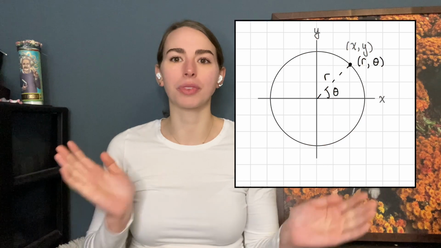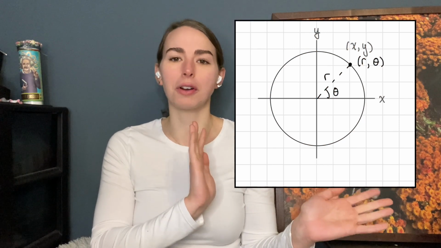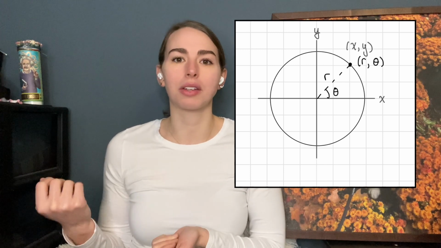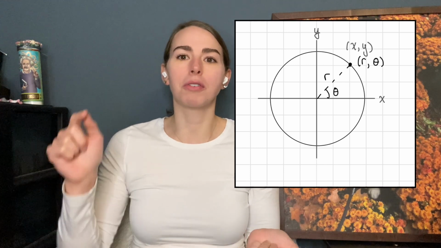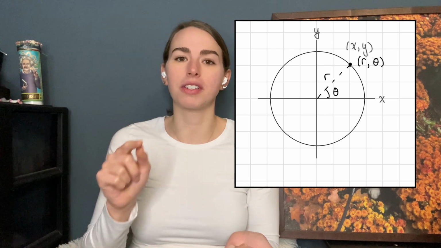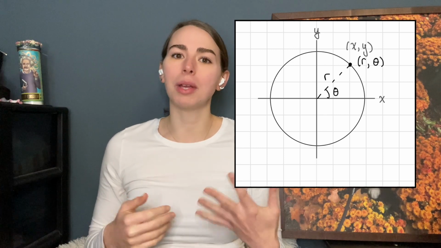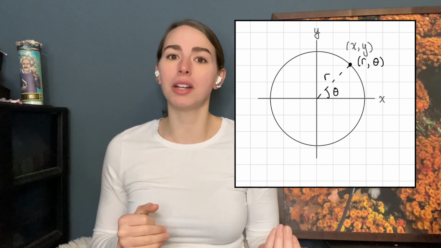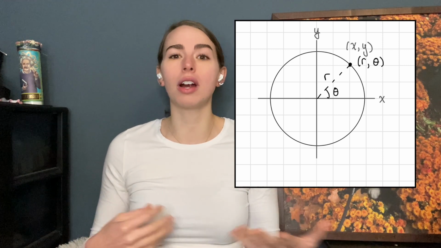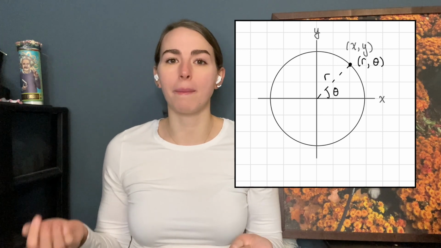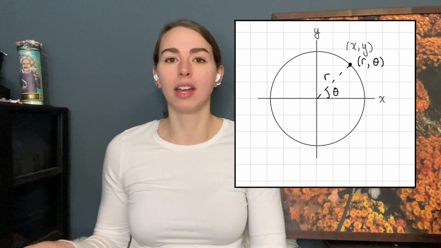So if we have a circle drawn on an xy plane, we could define a point as an x coordinate and a y coordinate. But if we're moving along this circular trajectory, that's not necessarily the nicest way to write it. So instead, we can write it in terms of the radial component, or radius r, and the angular component theta, which is defined from the positive x-axis.